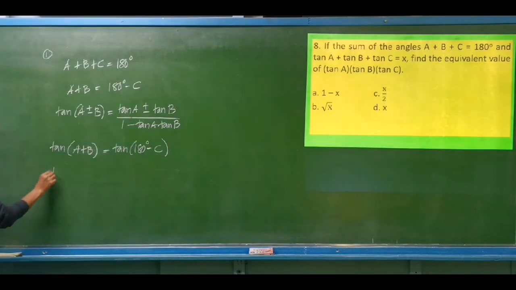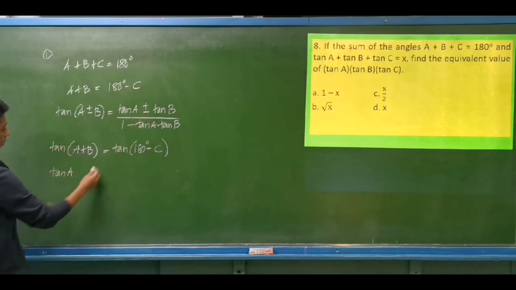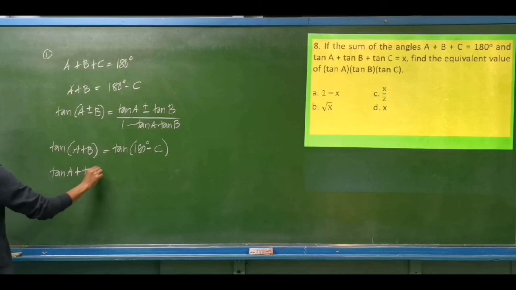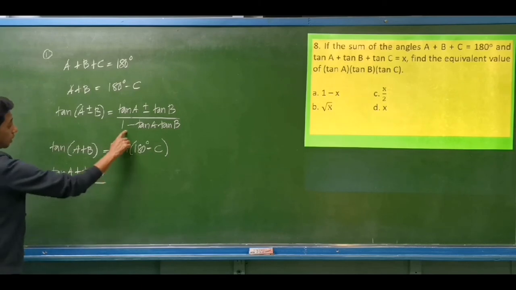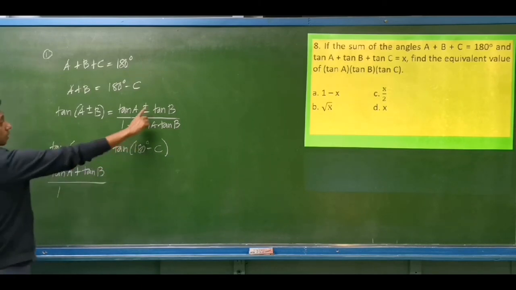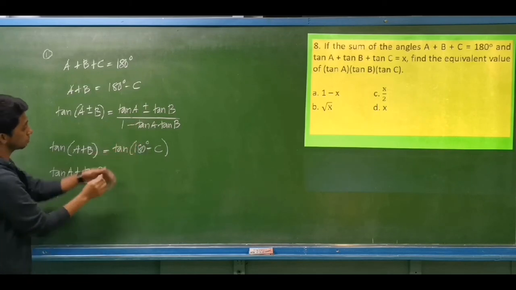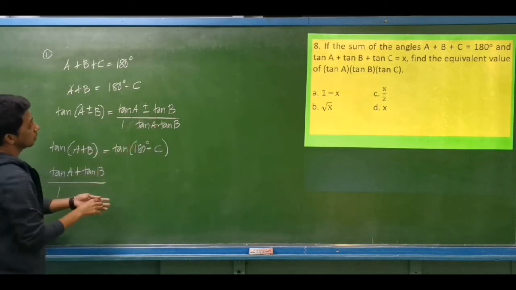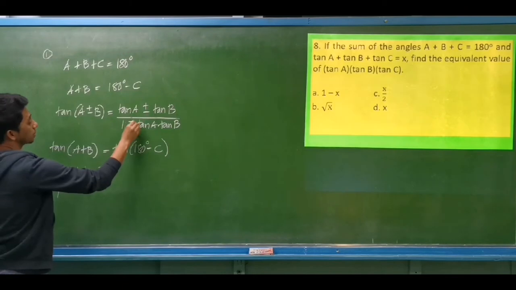So we have the tangent of angle A plus tangent of angle B, this is divided by 1 minus, kapag addition sa taas, baliktad sa baba.